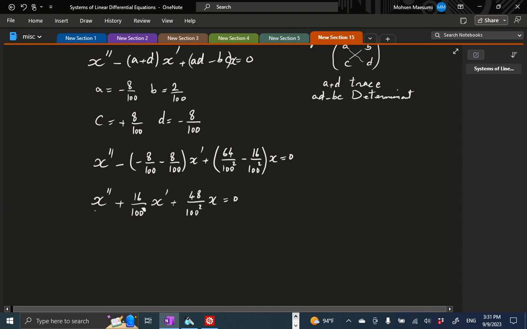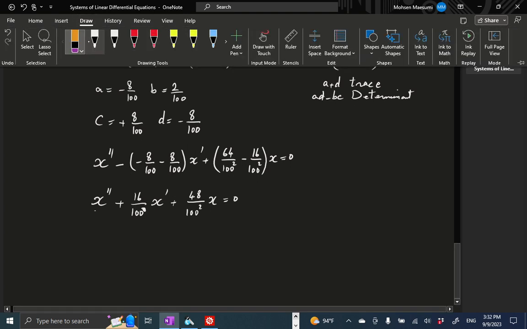A little bit unfamiliar numbers, but we factor it the same way. What are two numbers such that the product is 48 and the sum is 16? We write the characteristic equation. Remember, we had a characteristic equation to write.